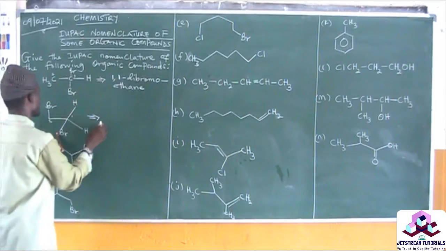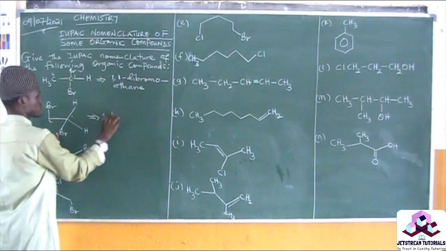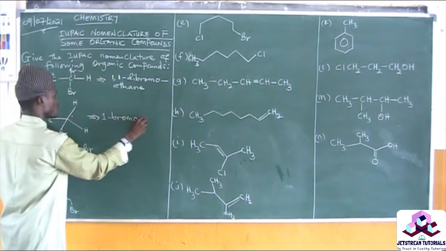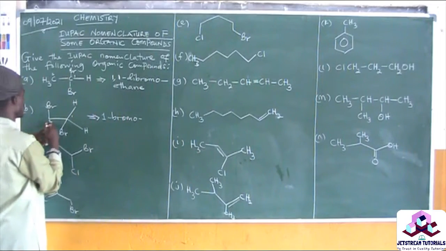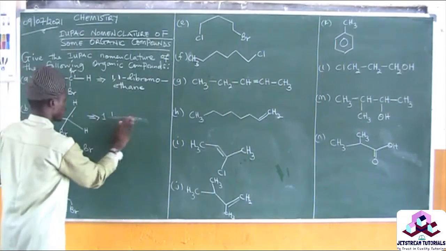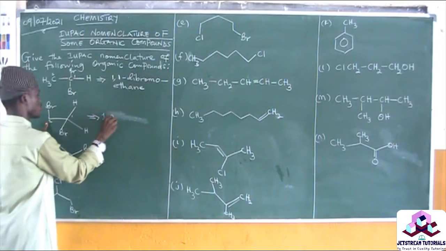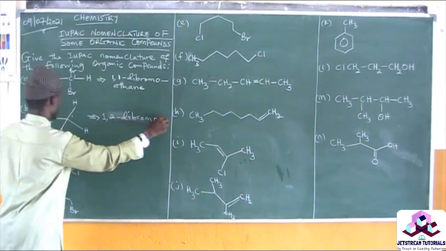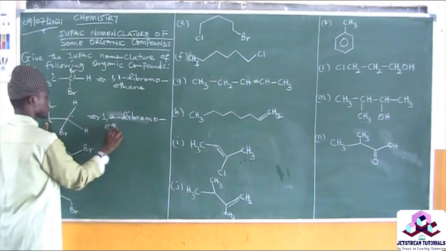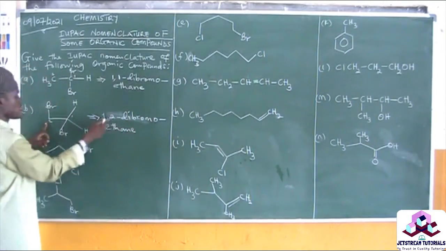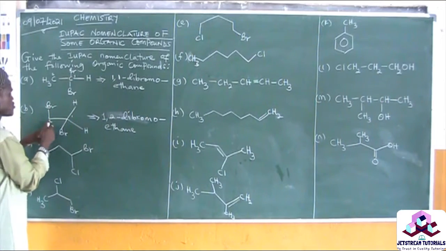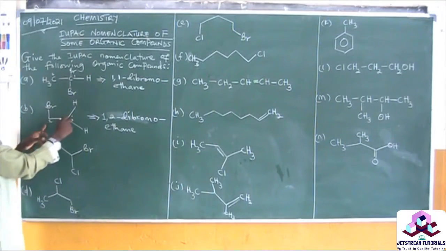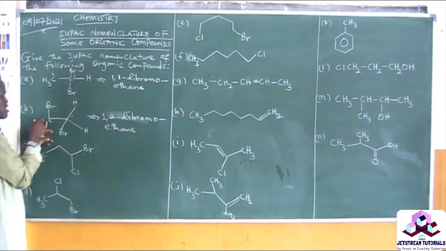So that becomes 1,2-dibromoethane. Now, why is it 1,2? It is 1,2-di because we have 2 bromine atoms at different carbons. At carbon 1 we have 1 bromine, at carbon 2 we have another bromine.